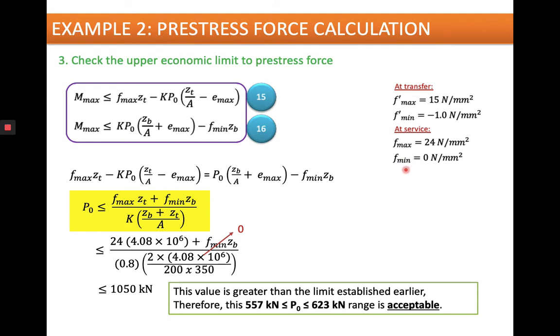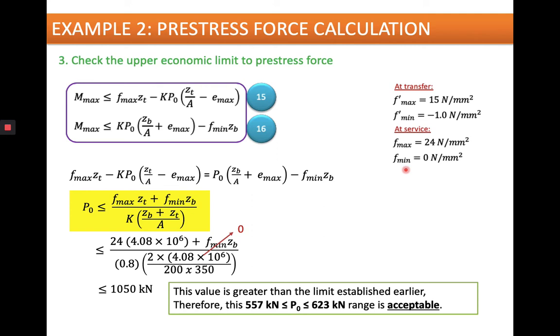Then as for the second lesson outcome, I have already shown you how to determine the minimum section sizes. We have already calculated those, which is based on the minimum section moduli, or Z value. So we rearranged the basic equations for pre-stress force to get the Z value.